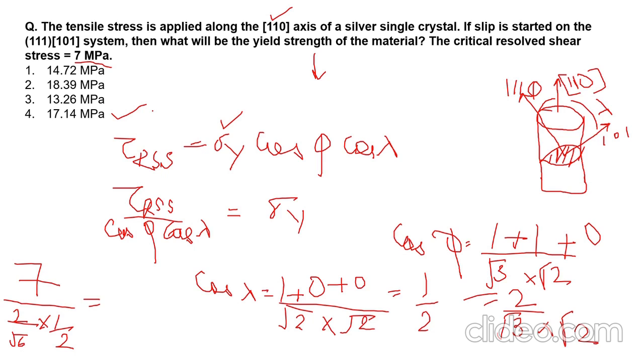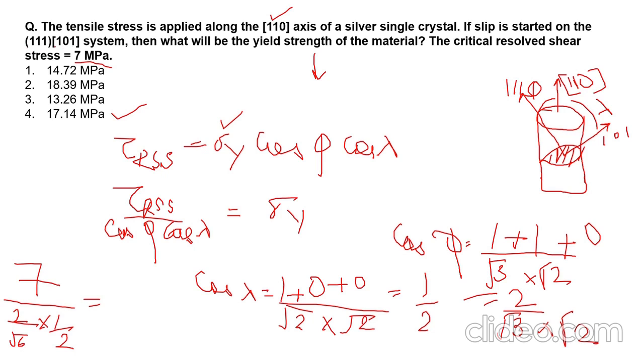Silver is an FCC structure. What is the close-packed direction and close-packed plane? This is your close-packed plane, 111, and this is your direction. So one direction and one plane from the FCC structure, which is a close-packed direction through which slip is possible.